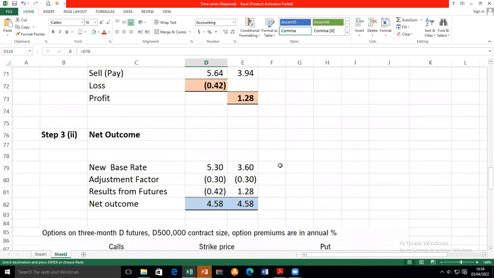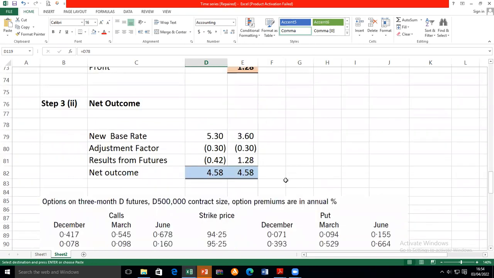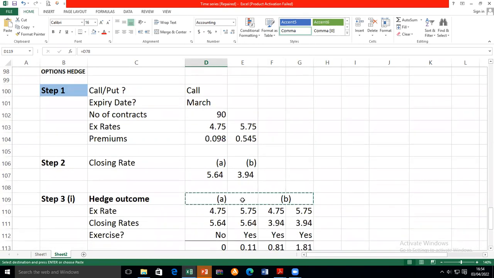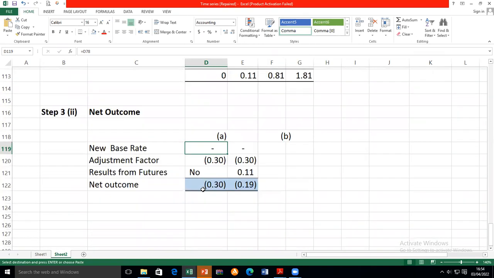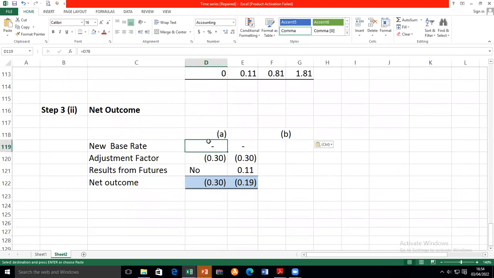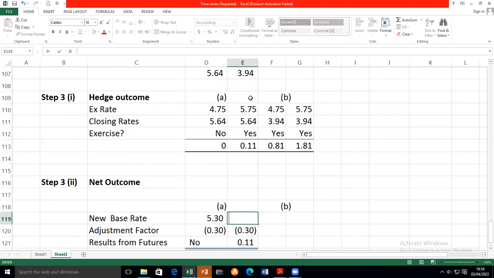I'll pick them up from here. 5.3 and 3.6. So there is 5.3 and 3.6. Scenario A.